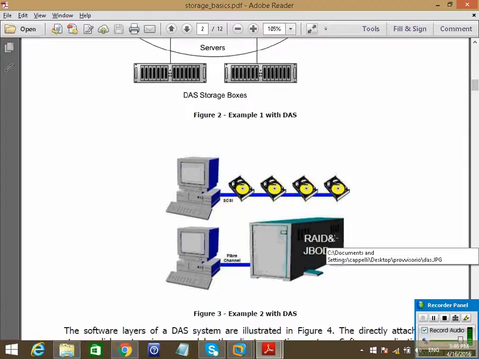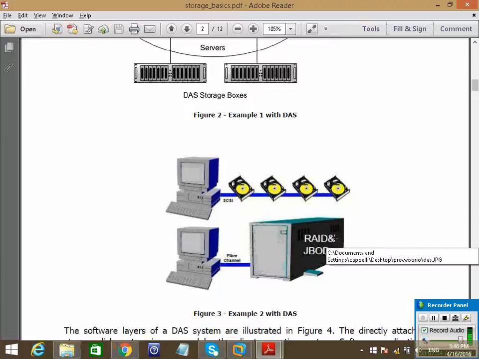If you take this server, and it supports the RAID controller card, then we can make this server work like a SAN. Already this server has the capability to handle more than one disk. It depends upon the number of SATA ports.